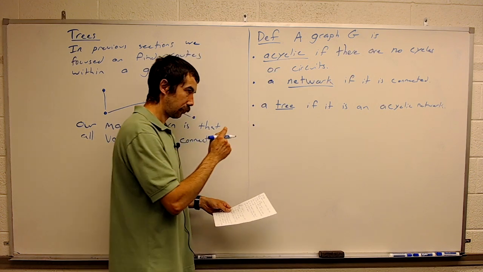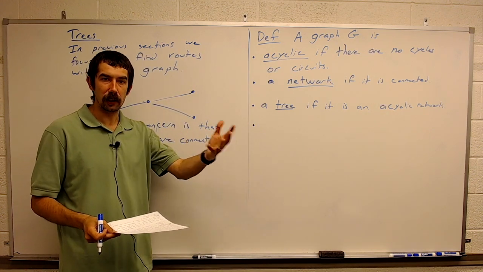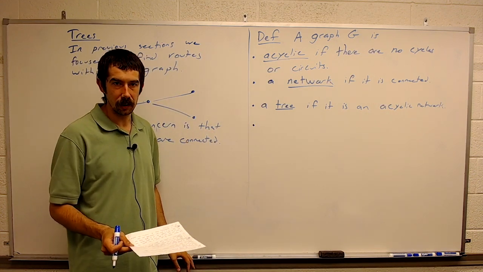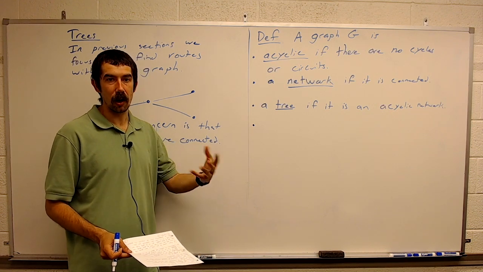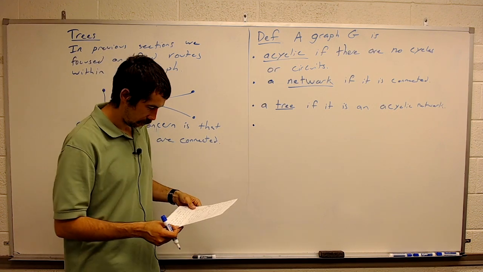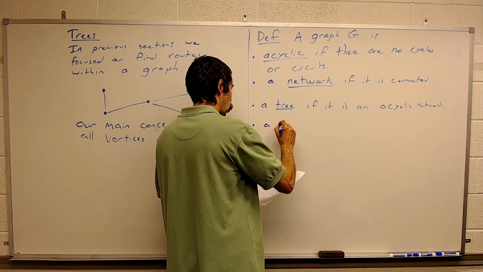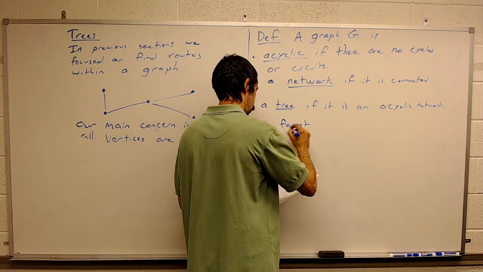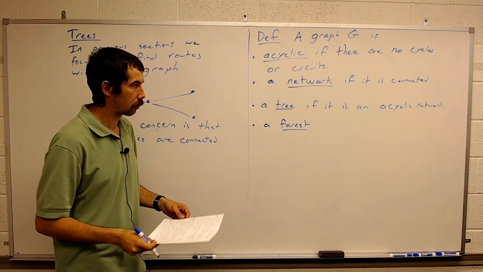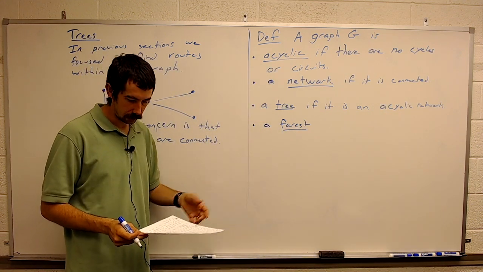Okay. What if we had a bunch of trees? What would that be called? So let me know in the comments what you would call a bunch of trees. Okay, I hope you gave an answer. A forest is a collection of trees.